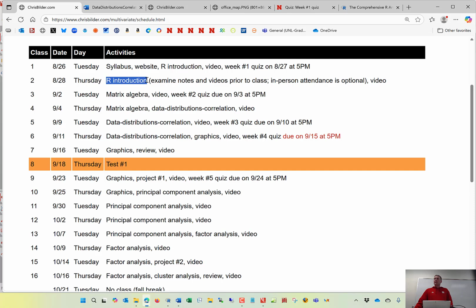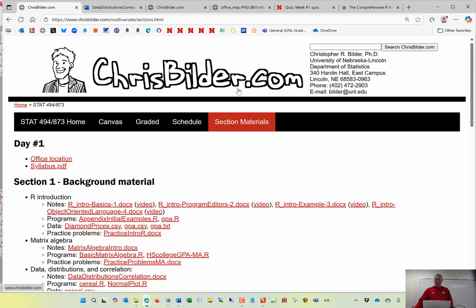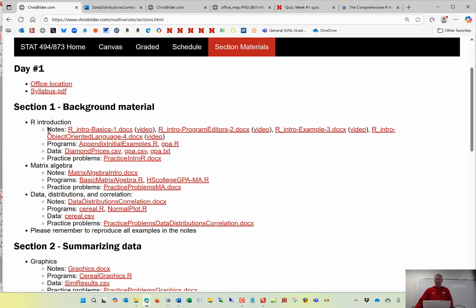But before Thursday, I want you to go to the section materials where you see my notes for the R introduction and go through these 4 documents that I have for my R introduction. Now, rather than us going through those notes in class, I would expect most of you do have a background in R. Even if you do, take a quick look through them.